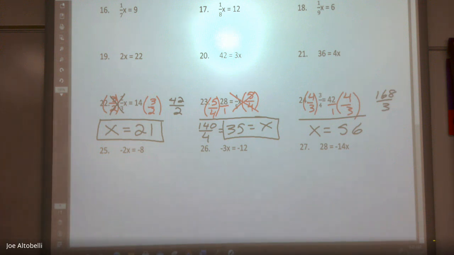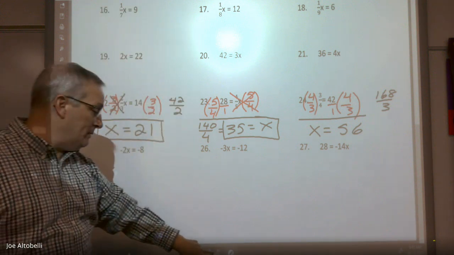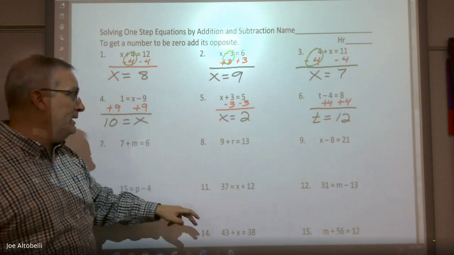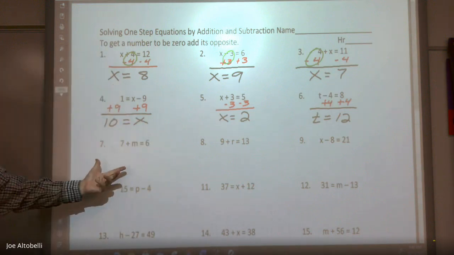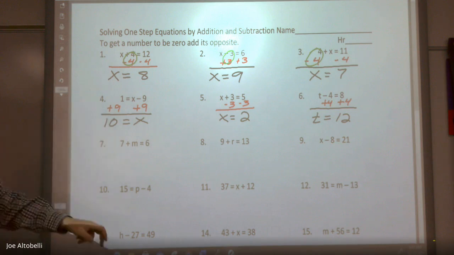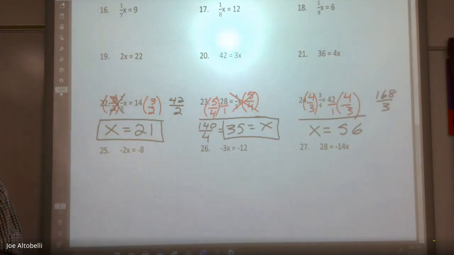Questions there? So you have two types of problems. When we get to the IXL, these are all mixed together. Remember, on your first worksheet, you're adding whatever number you're going to add to both sides. On the second worksheet, I try to do everything so we're multiplying.